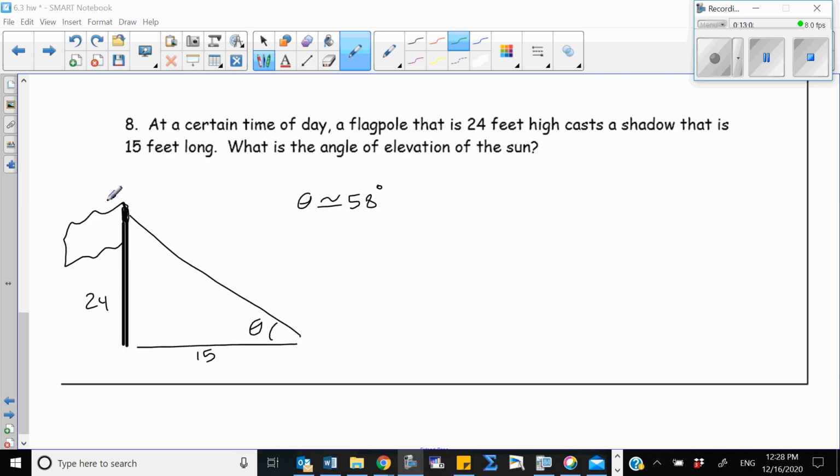The next problem is saying that at a certain time of the day, a flagpole that is 24 feet high. So this is the flagpole and it is 24 feet high. It casts a shadow that is 15 feet long. So this is the shadow and it's 15 feet. What is the angle of elevation of the sun? First of all, let's see what this means. What is the angle of elevation? Angle of elevation is the angle that you need to make with the horizontal line to look at something on top.